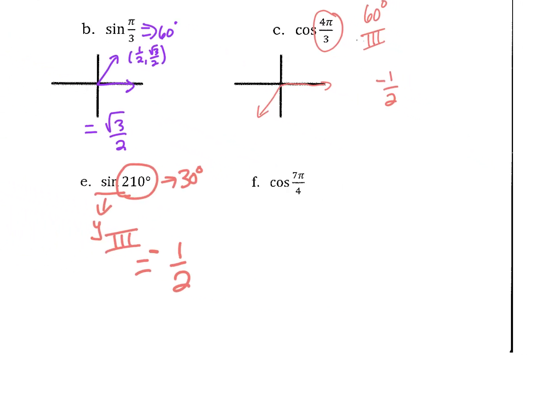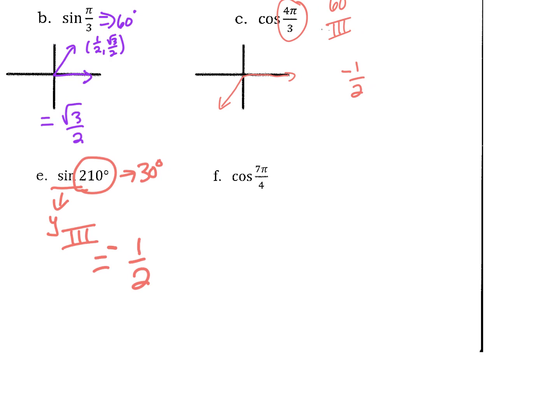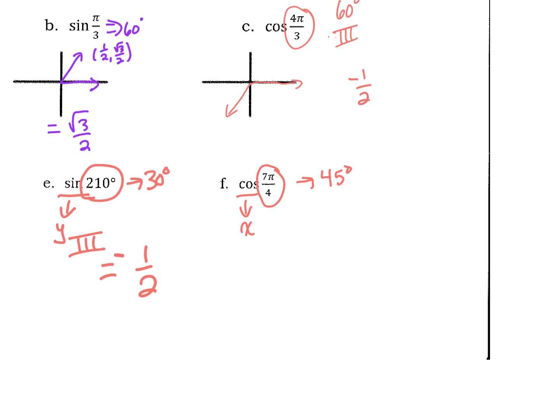And lastly, cosine of 7 pi over 4. Cosine, I know I'm going to look for an x-coordinate. Something pi over 4 tells me I'm looking at a 45-degree reference angle. And 7 pi over 4, I know would be an angle that is in quadrant 4.